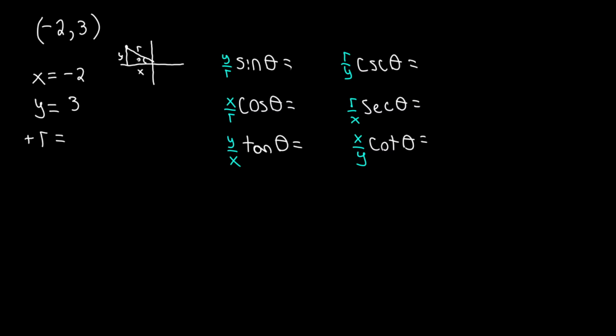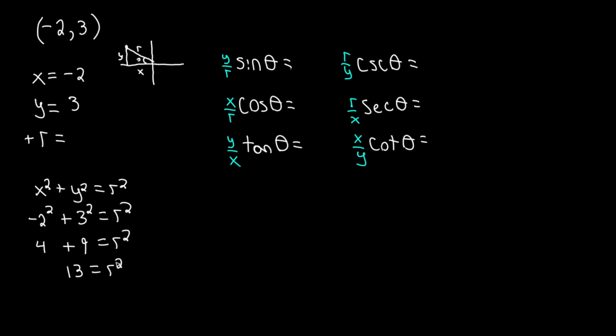And let's just figure out what r is. Again, Pythagorean theorem. We just have to plug our information in. Negative 2 squared plus 3 squared equals r squared. So we have 4 plus 9 equals r squared. 13 is equal to r squared. Get r alone.